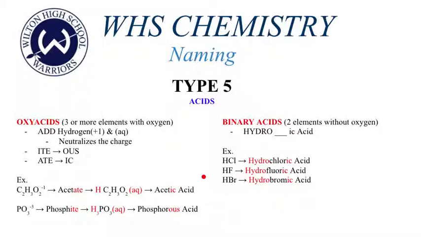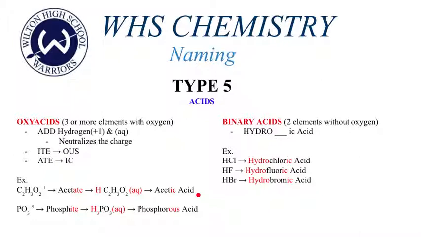C2H3O2 with a charge of a -1 is acetate. So look at the ending. Keep that in mind for later. In order to make it an oxyacid, we have to add a hydrogen. It has a charge of a -1, so we only have to add one hydrogen to make it neutral. Then we add the AQ, and since it was acetate with H, it's acetic, we make it the ic, and then acid.